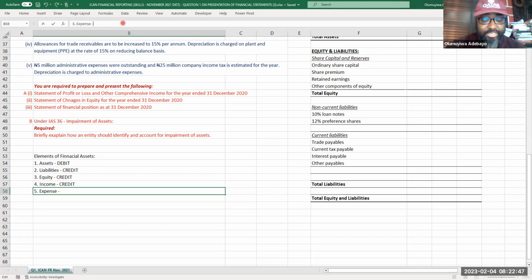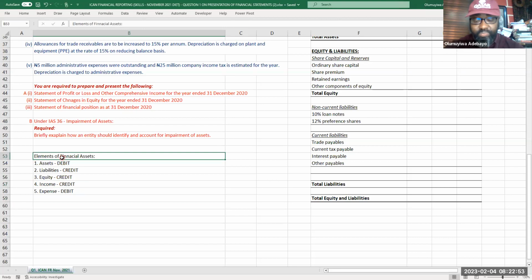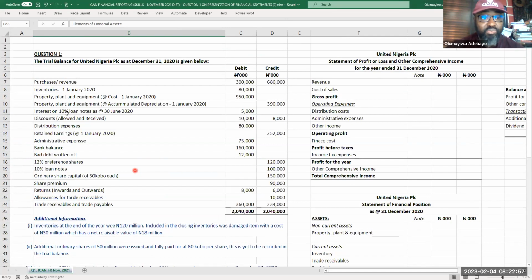And you expect expenses to be on the debit side. This speaks volume to what we wanted to do, which means purchases is an expense. Therefore, 300 is purchases, while revenue is an income, 680 is a revenue.